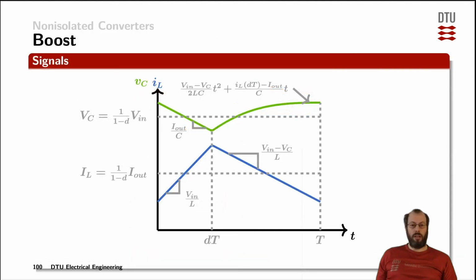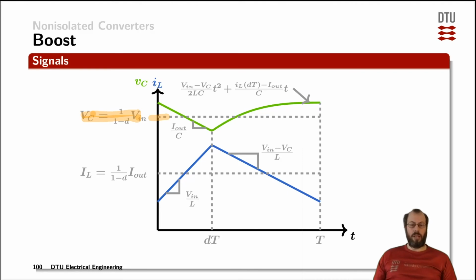When plotting the capacitor voltage here in green, we can start out by plotting the DC transfer function of the boost converter, which is 1 over 1 minus the duty cycle, and we arrive at the level, which is the offset, the average, the DC value of the capacitor.